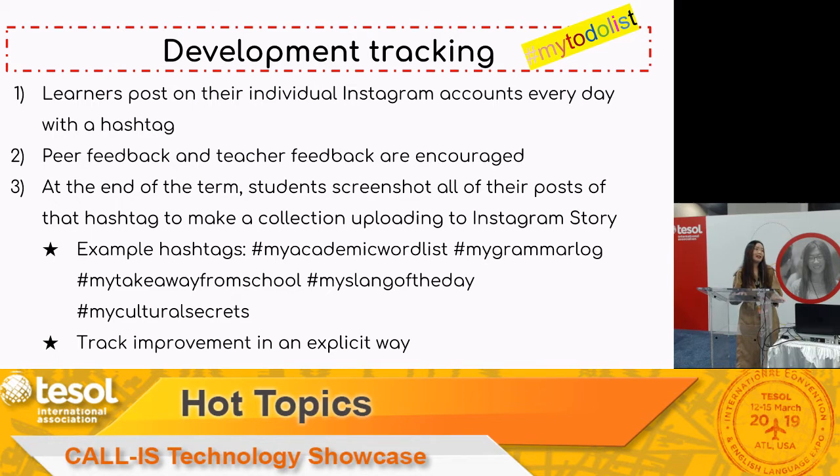For example, students can write the post with hashtag my academic word list, attend. Attend means to show up at a meeting or to show up at a course, and students can choose a picture that they think can represent the meaning of attend to make a post.